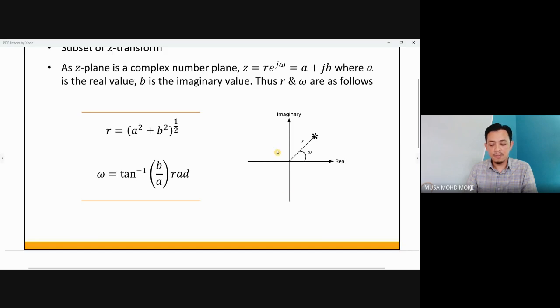So it seems like symmetry, this part and this part, but that symmetry we call a conjugate. So what is a conjugate? The conjugate is where the real value has the same sign, but the imaginary value has the opposite sign.